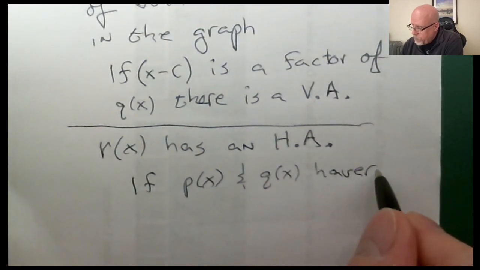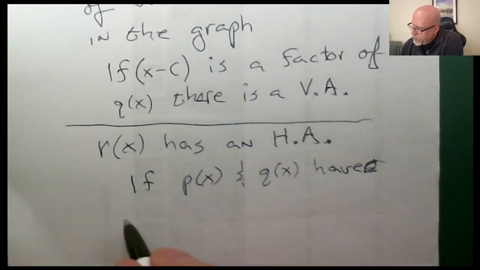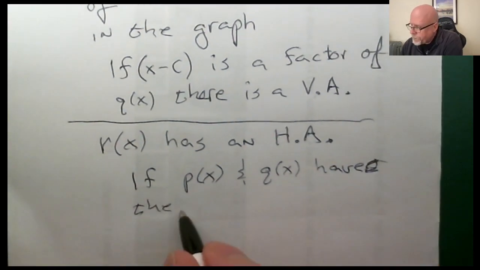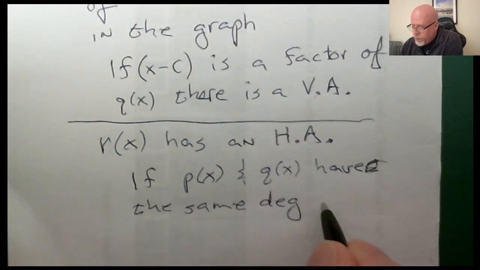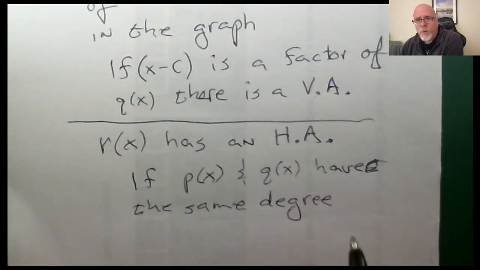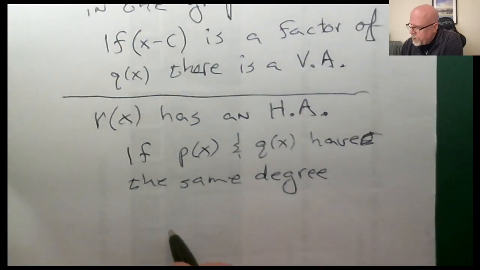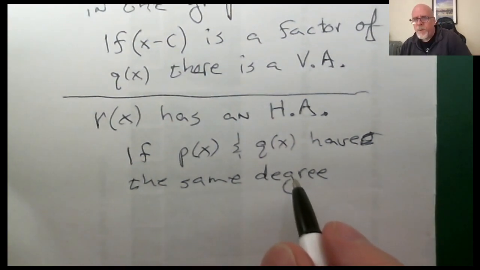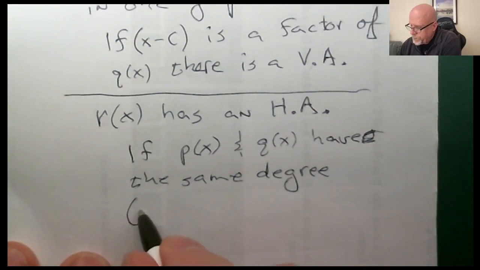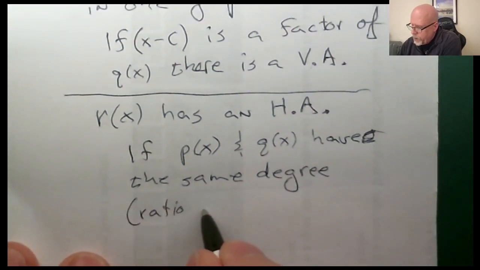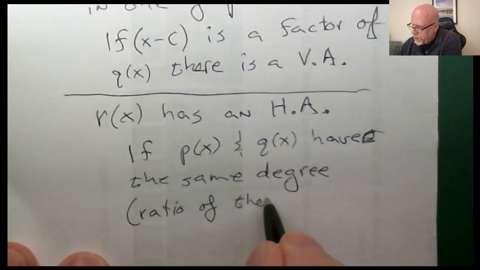So they have the same degree. The actual value of that horizontal asymptote is, just look at the leading terms of the two polynomials and divide, the same thing that you do when you do long division. I'm not sure if we need to write it out in general, I'd have to come up with names for all the coefficients, but better to just say it that way. Look at p of x and q of x, divide their leading terms. It's the ratio of their leading terms.